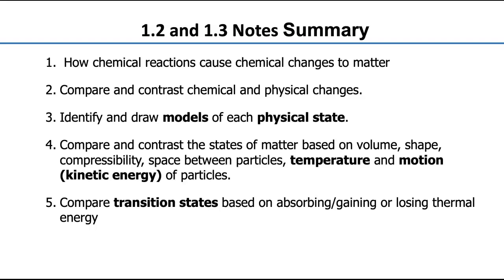Compare and contrast states of matter based on volume, shape, compressibility, space between particles, temperature, and motion, which is also known as kinetic energy. Finally, you are able to compare transition states based on absorbing or gaining or losing thermal energy. I will see you in the next one.